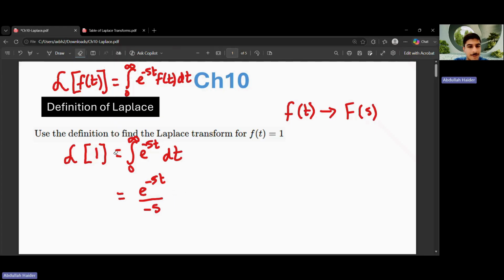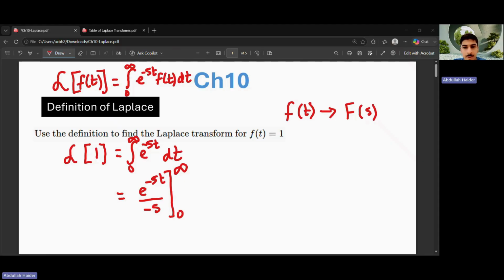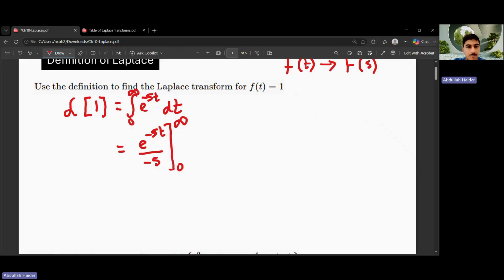So this is basically how you integrate, and then you apply the limits, infinity and 0.